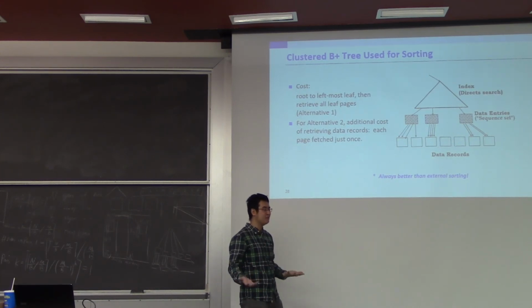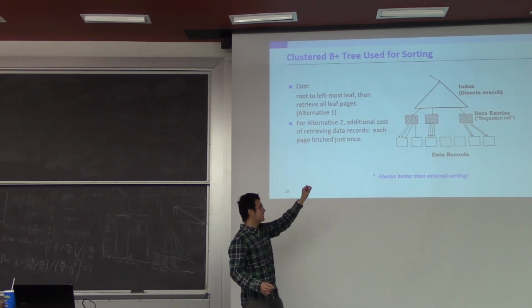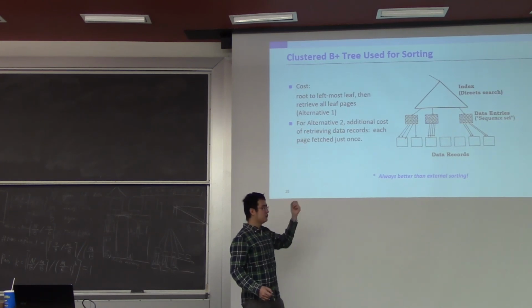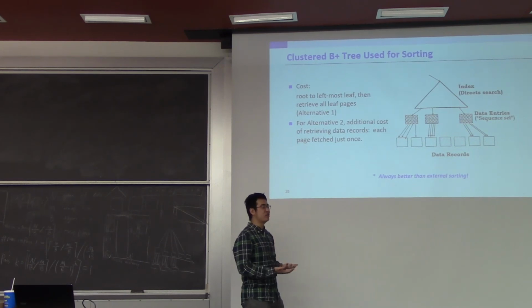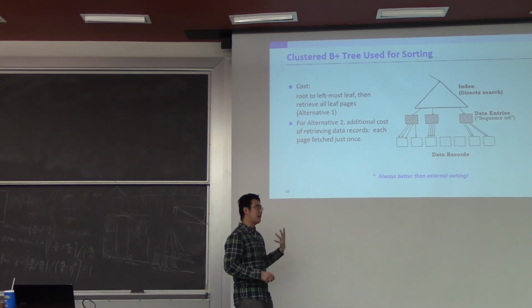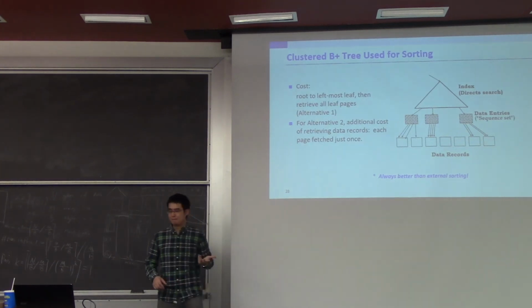You say you don't want it anymore. But when you go to the second link, you go to the same page, right? And it's very likely that the buffer manager still has that same page in the buffer pool, right? So that way you only have one I/O per data page.